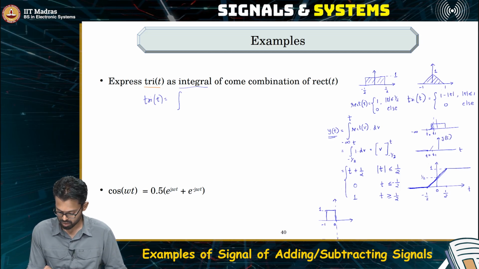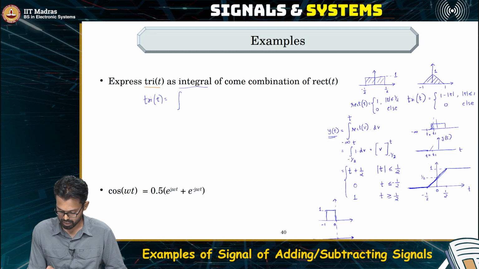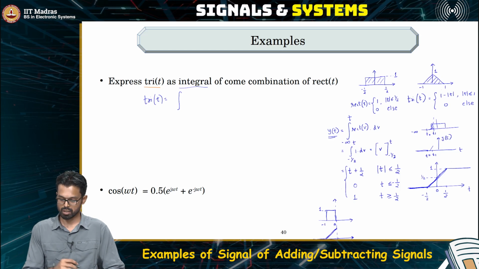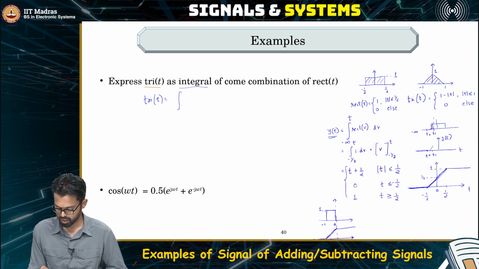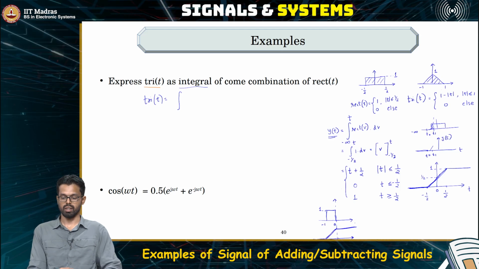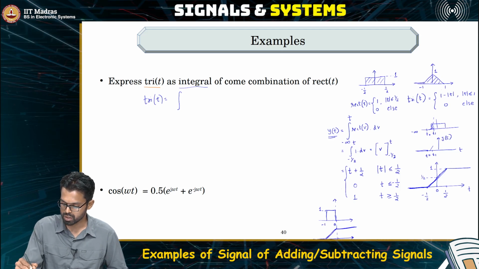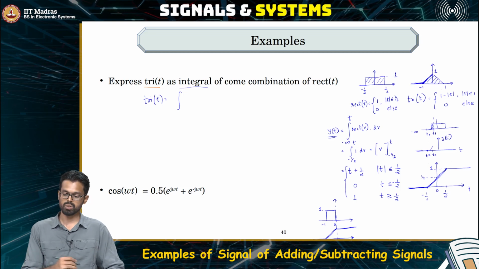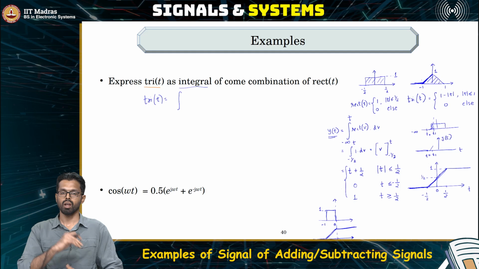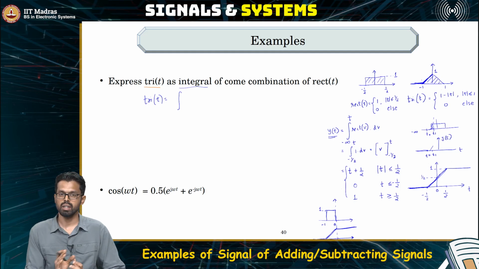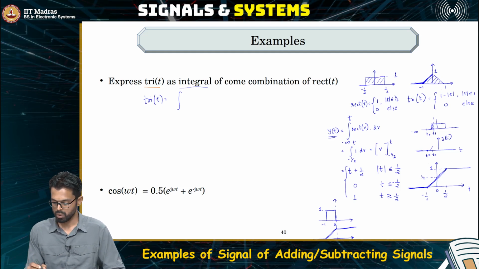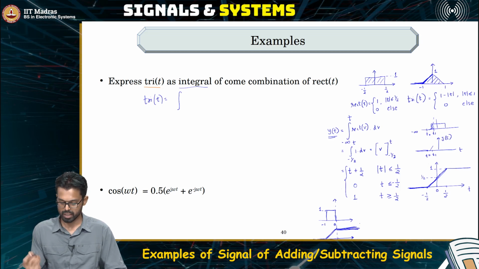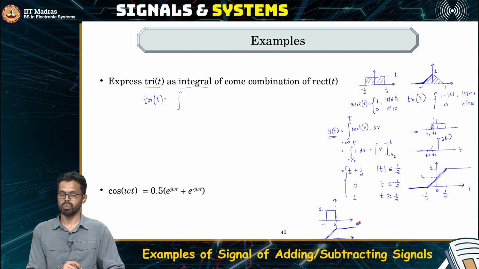Of course, we'll get 0 till minus 1, and from minus 1 to 0 we'll get this triangular portion, and after that we're going to get a straight line. The left hand side of this integral corresponds to the left hand side of our actual triangular signal. So at least the left hand side portion is nice. Now, how to get the right hand side portion and how to remove this straight line over here? This is what we'll try to do.